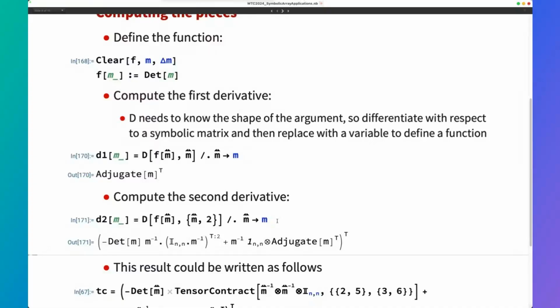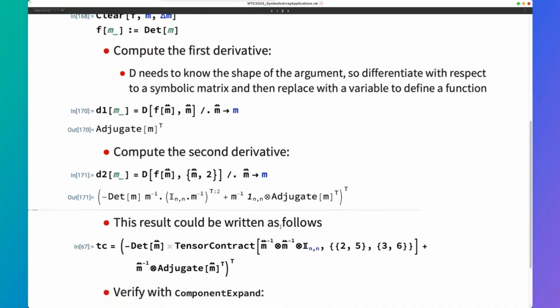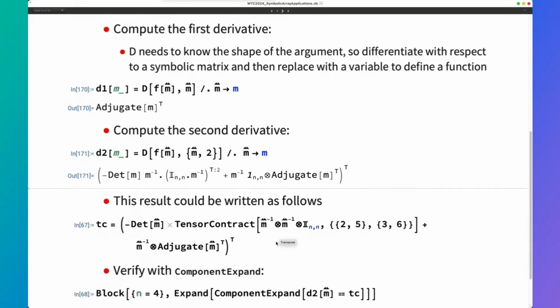This is kind of an ugly looking thing. I suppose I could simplify it a little bit, but I like to think of this as the following. You have the determinant, then what is this thing doing?